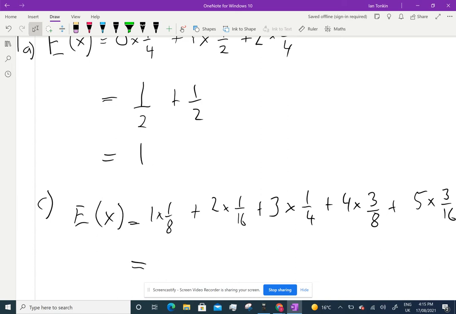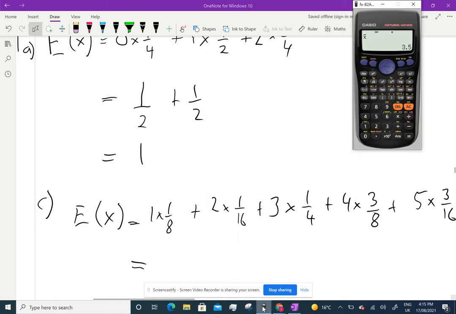And I'm going to have to do it on my calculator now. So I'm going to have to go to comp so I can write it.